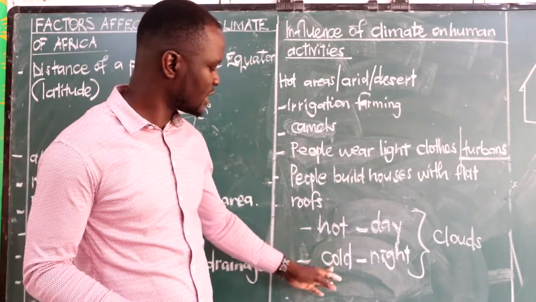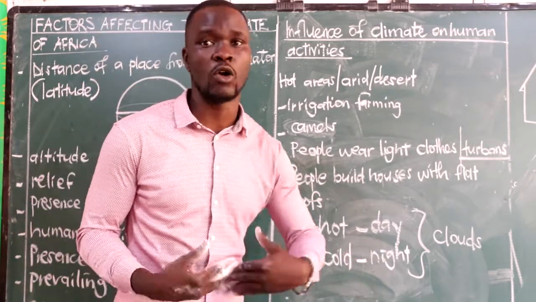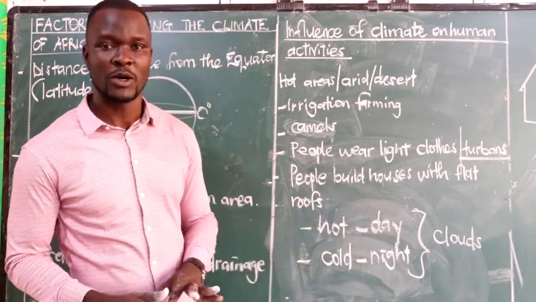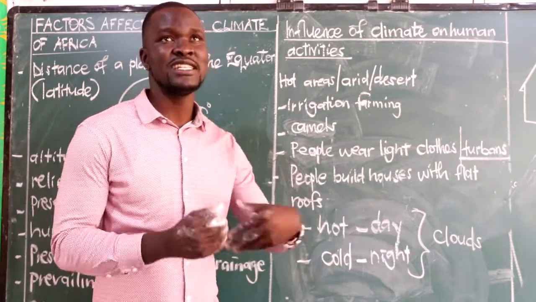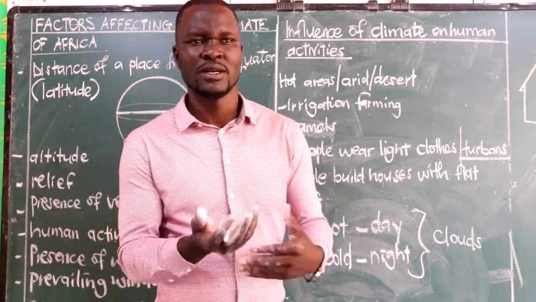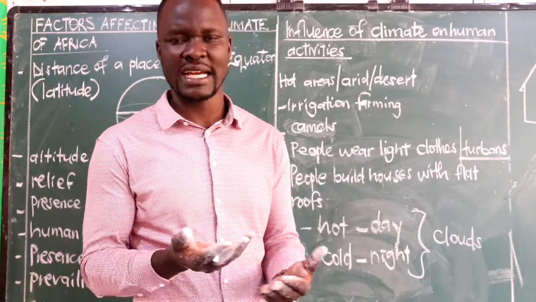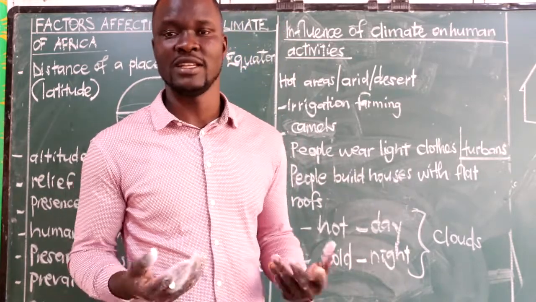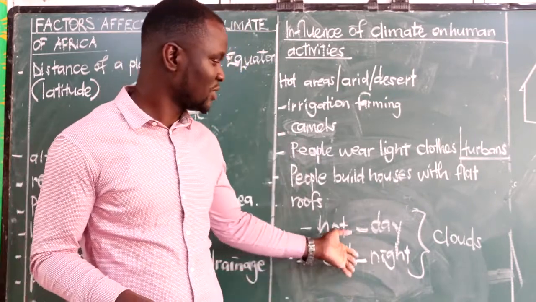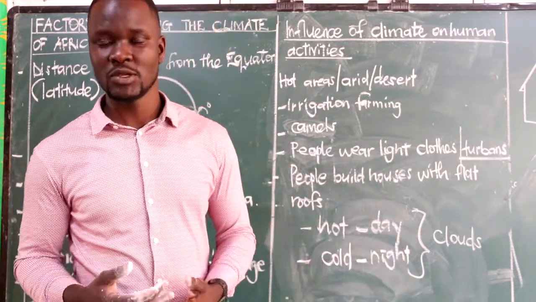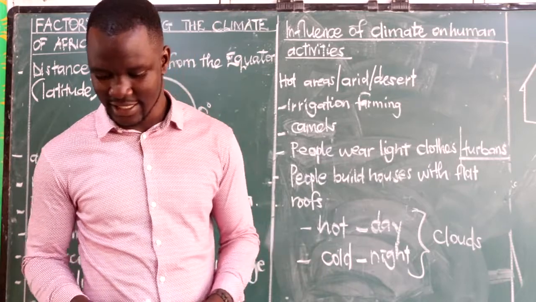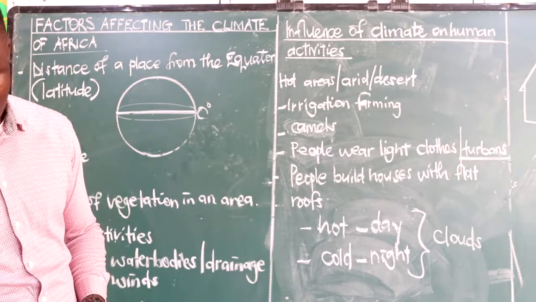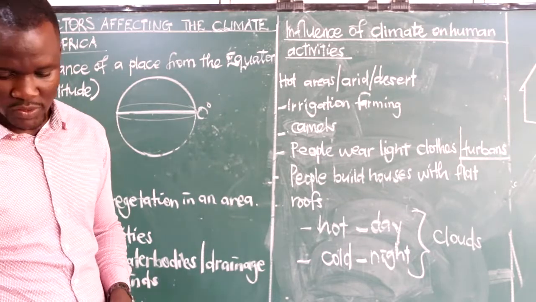Then we come to the second one. Why are these areas cold at night? You will find that these areas are very cold at night because still the clouds that would help to generate some warmth at night are not there. So still we go back to the absence of clouds at night. That is the reason to give to those questions.